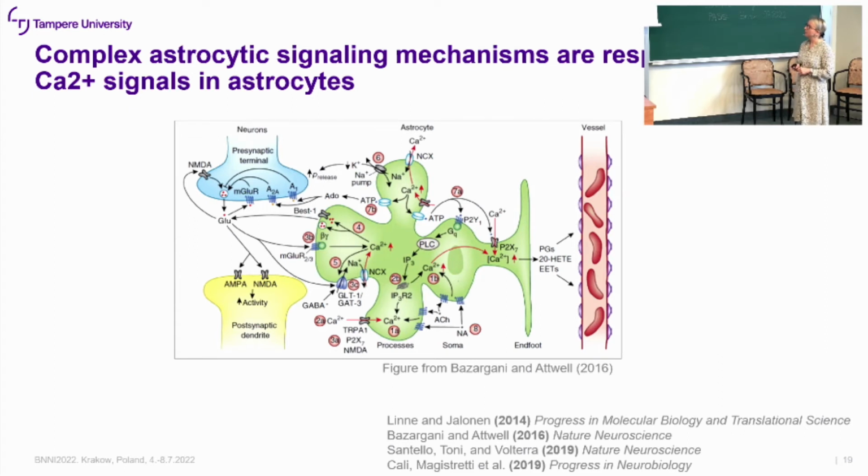So you see it's very complex, how astrocytes build up these calcium signals in the cell soma and then in these processes and end feet. If you are interested in understanding more about this, you can look at these review papers where these things are explained. And now with the models, we are trying to first of all reconstruct the calcium signal and then further on to understand how these different mechanisms influence, for example in this case, the signal transfer in synapses.